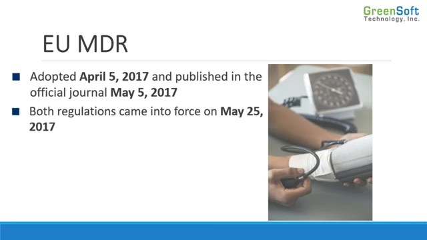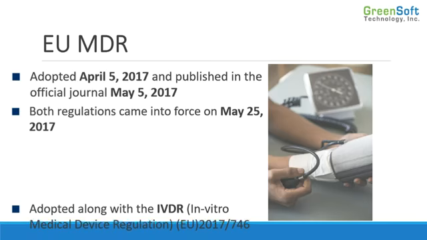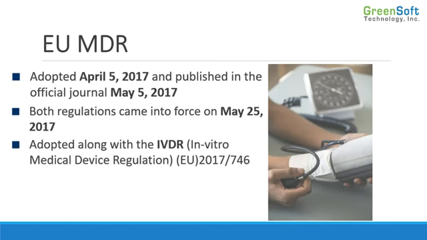So what we see here, though, is that we talked about how in vitro devices are not included within the scope of this regulation, and that's because it was released with its sister regulation, the IVDR, or the in vitro medical device regulation. And what the IVDR does is it kind of separates the in vitro equipment requirements. So we don't have to consider those for the MDR.